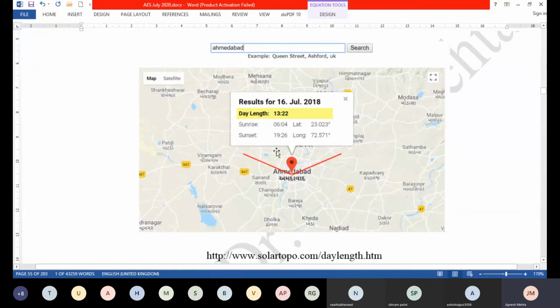So I got the latitude and longitude and the sunrise time for a particular day. If it is 16th of July, today it is 20th of July, so you might be close to this. Sunrise is 6 hours and 4 minutes and sunset time 1926. So you can check with this formula whether you are getting this, and whether this is Indian Standard Time or local apparent time. You should check that.